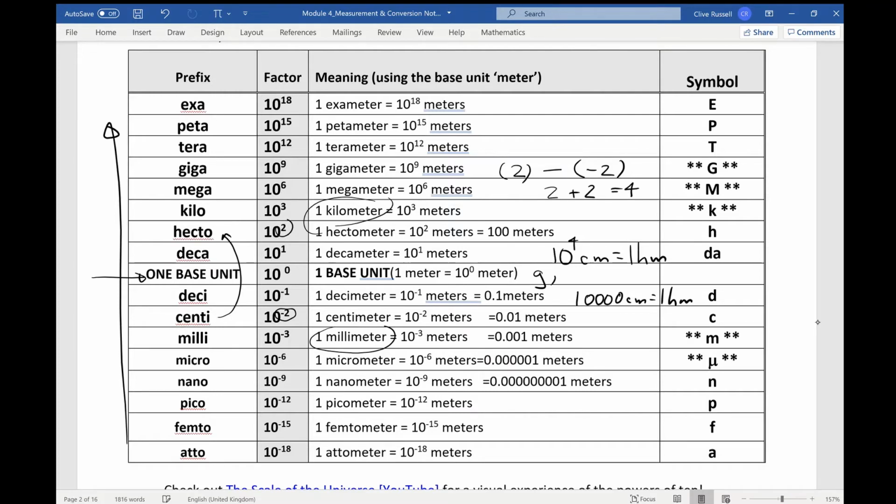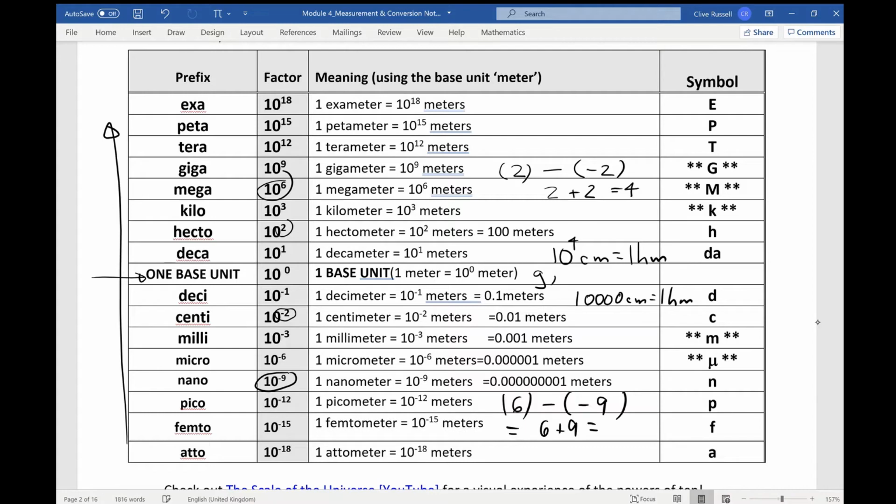Let me do another important case here. If you wanted to go from nanometer, for example, to megameter. So again, we take the exponent here, the 6. So it's going to be the 6, and you're taking away the -9, which is 6 plus 9, which is 15.